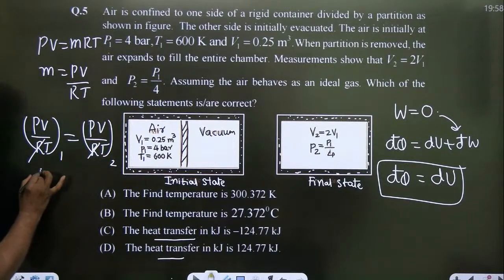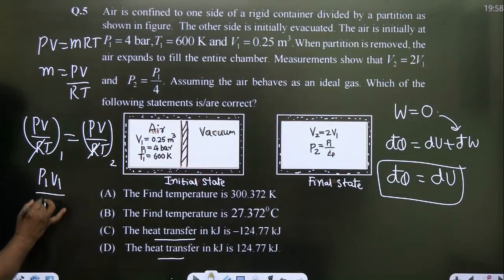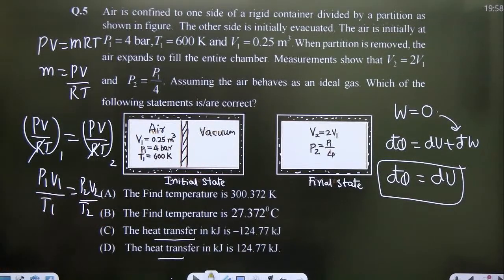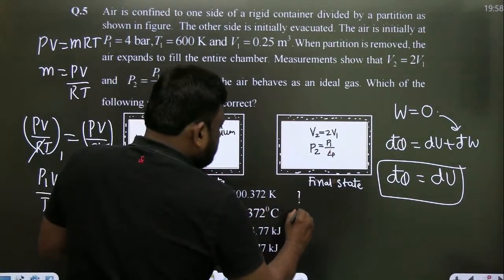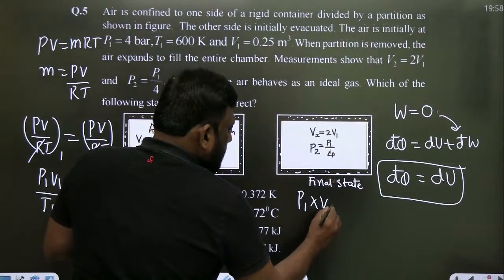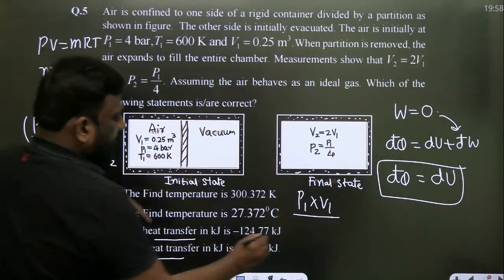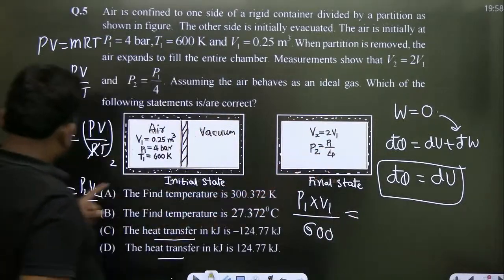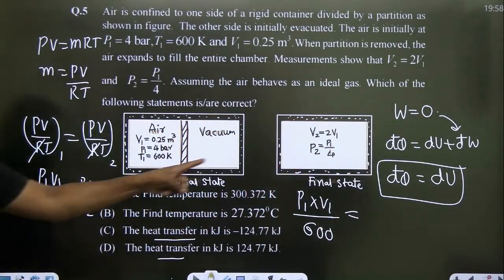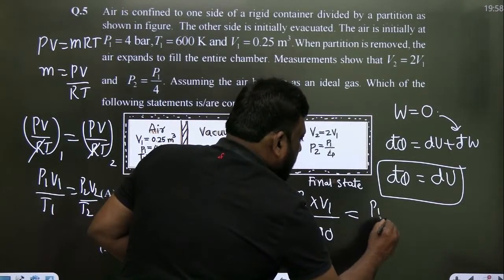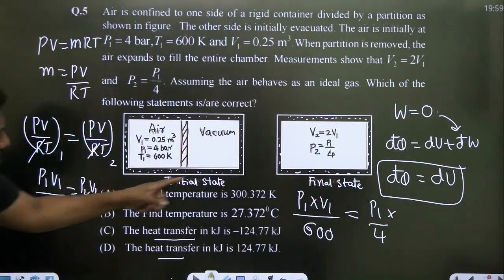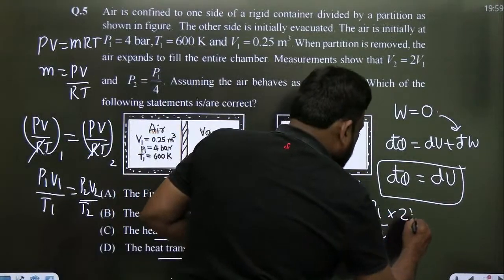So I will write this as P1 V1 by T1 is equal to P2 V2 by T2. What is T1? 600. What is P2? P1 by 4. And what is V2? Twice V1.